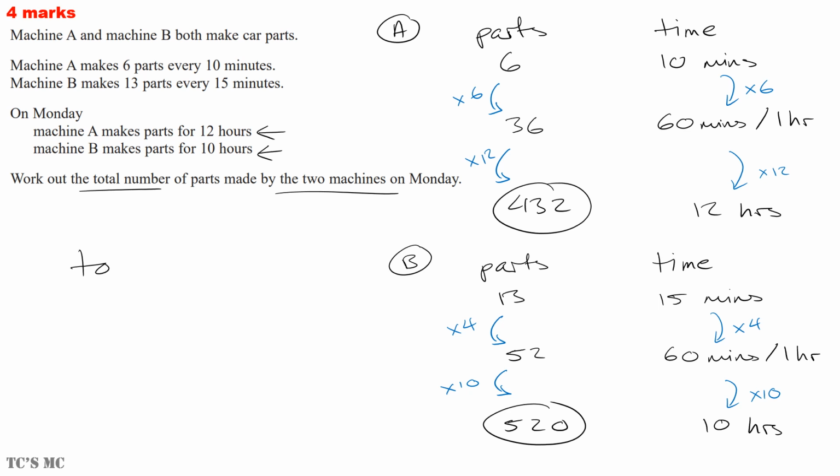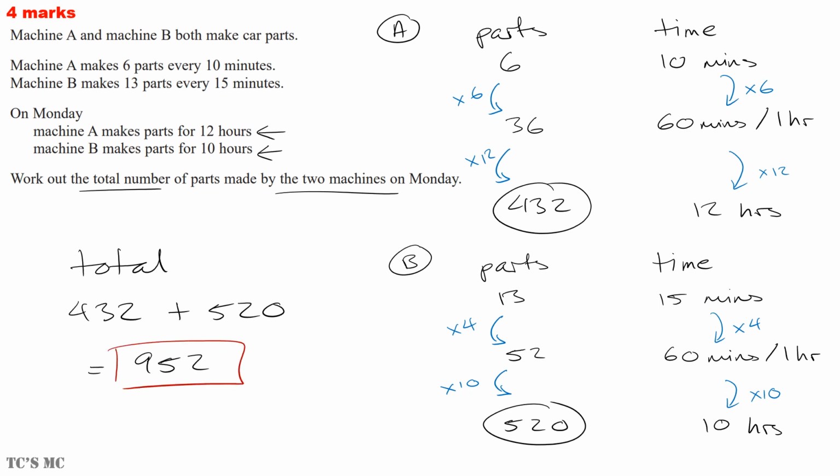To work out the total, we need to add. So we need to do 432 add 520. And for getting an answer of 952, we have our final 4th mark.